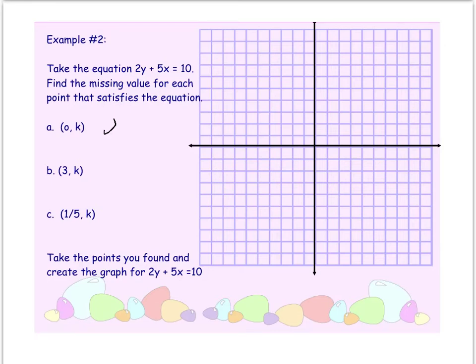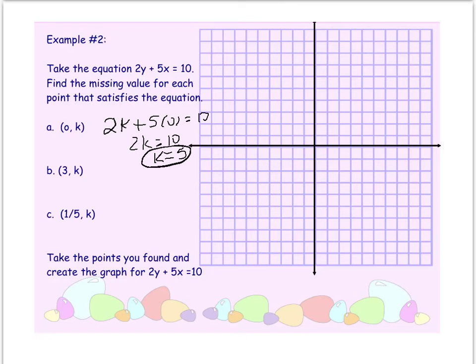If I plug in 2k, k is y, plus 5 times 0 equals 10, I should get 2k, not 2x, 2k equals 10. So k equals 5, right?